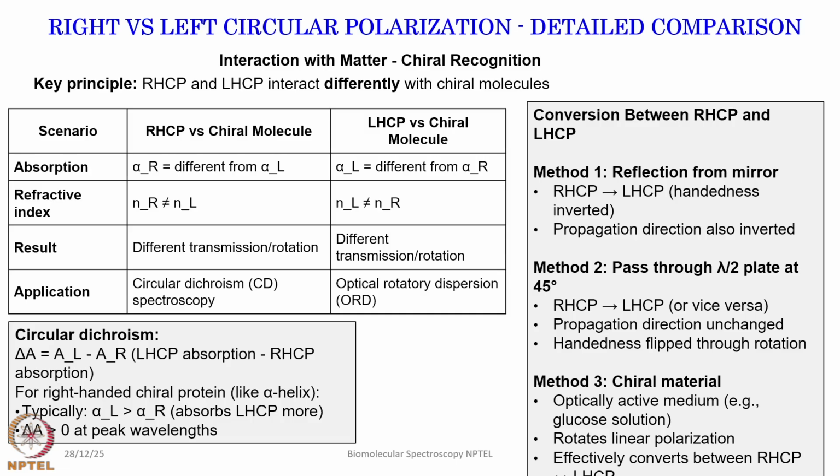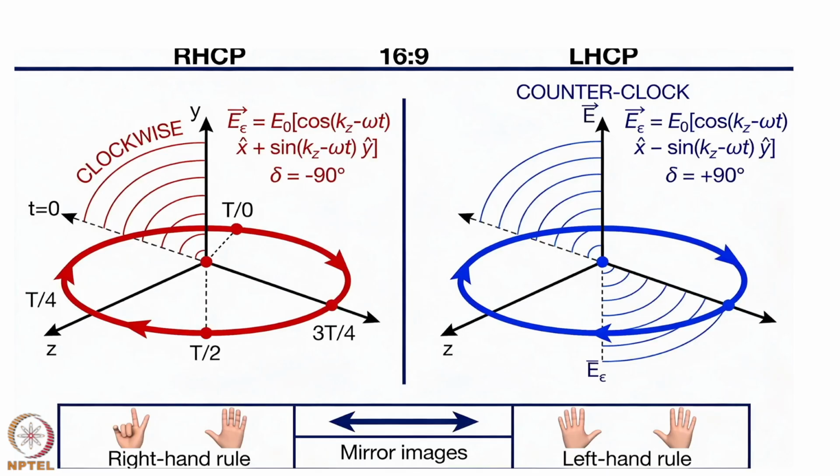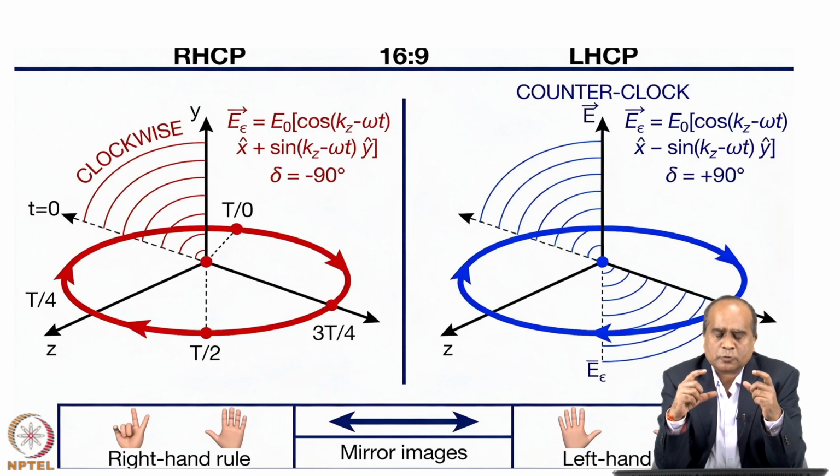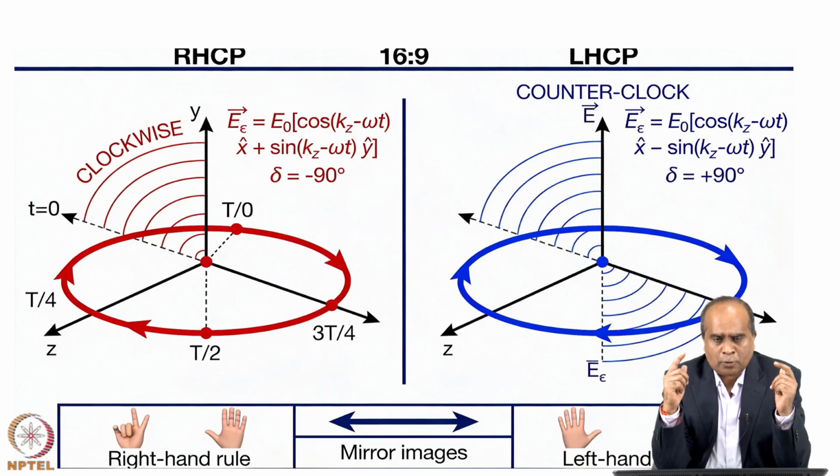If I sum up what we discussed, for this spectroscopy the important component is having light which is polarized, not linearly polarized but circularly polarized.